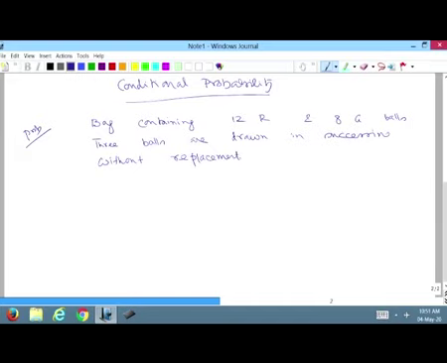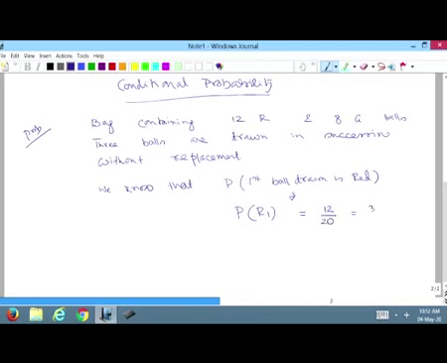We know that the probability the first ball is red, this event we are calling R1, is going to be 12 upon 20, which is equal to 3 upon 5, and the probability the first ball drawn is green is going to be 8 upon 20, which is equal to 2 upon 5.